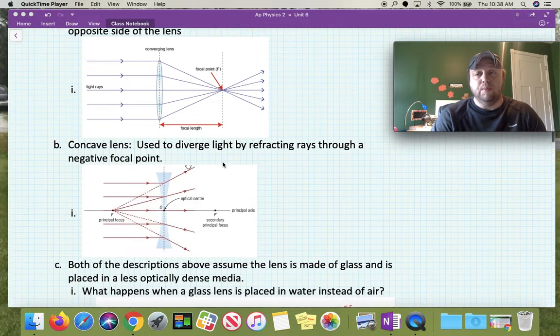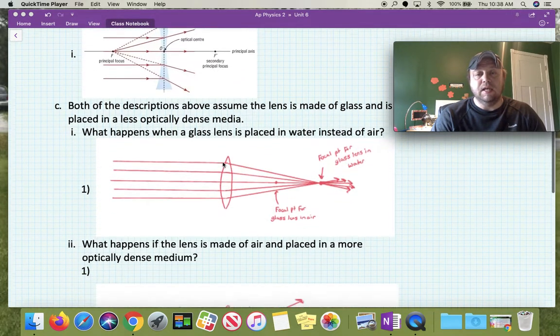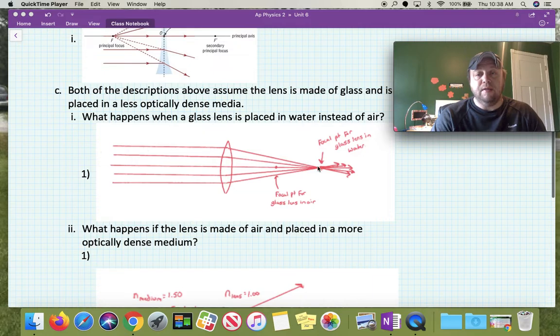If we were to place the same lens in water, now the focal point is going to be further out because water has a higher index of refraction. So the difference between the index of refraction of the water and the index of refraction of the glass lens is now less. So instead of the focal point being here as it is in air, it's going to shift out. We have a special equation coming up in the next video for that.